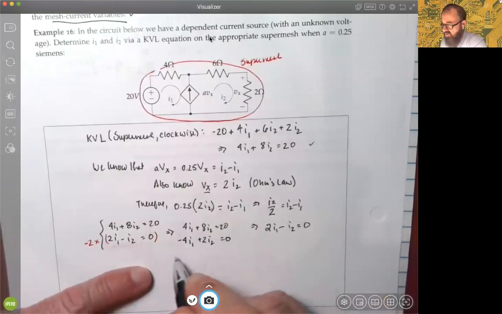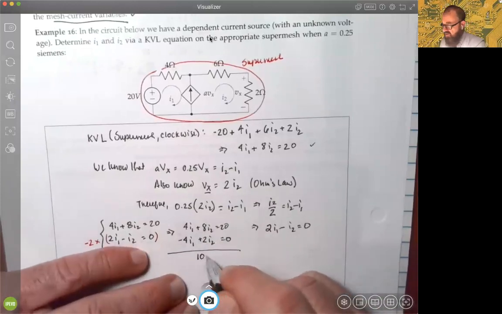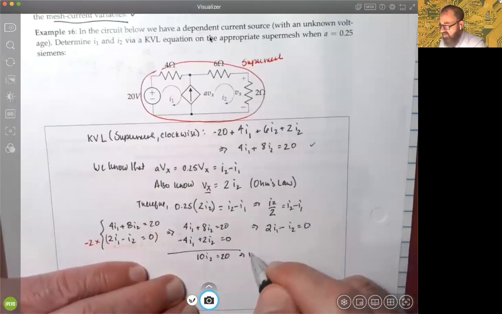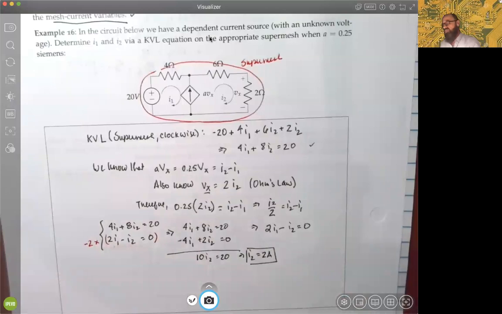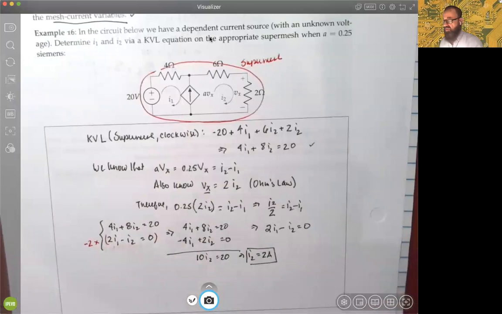And then what you can do is add those two. If we add the 2 equations, you would get 10I2 equals 20. So in fact, the second mesh current is nothing but 2 amps. And if I2 is 2 amps, can you tell me what I1 would be? Is there a relationship we can exploit? Absolutely, right? We know that from this relation up, either equation we could use.